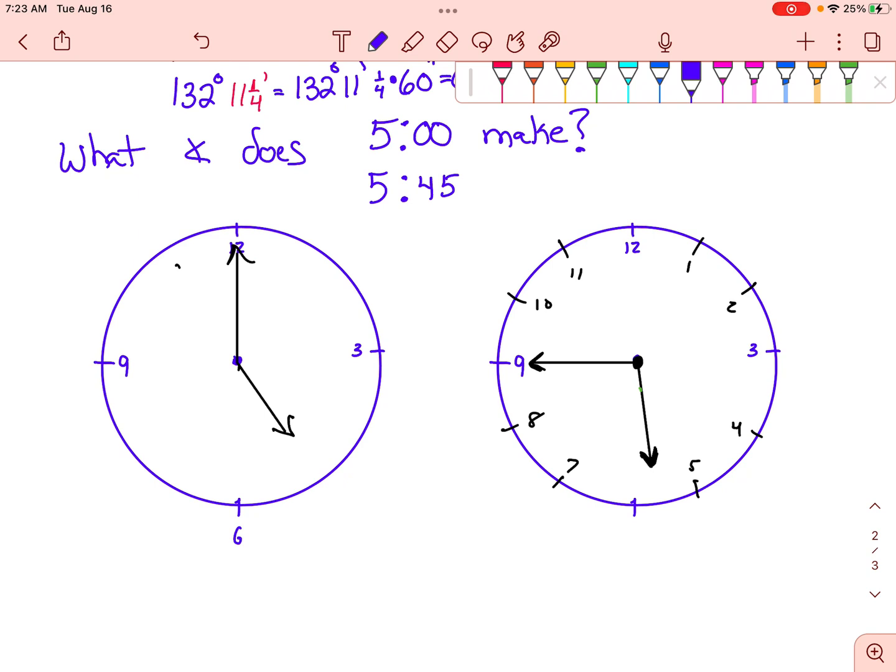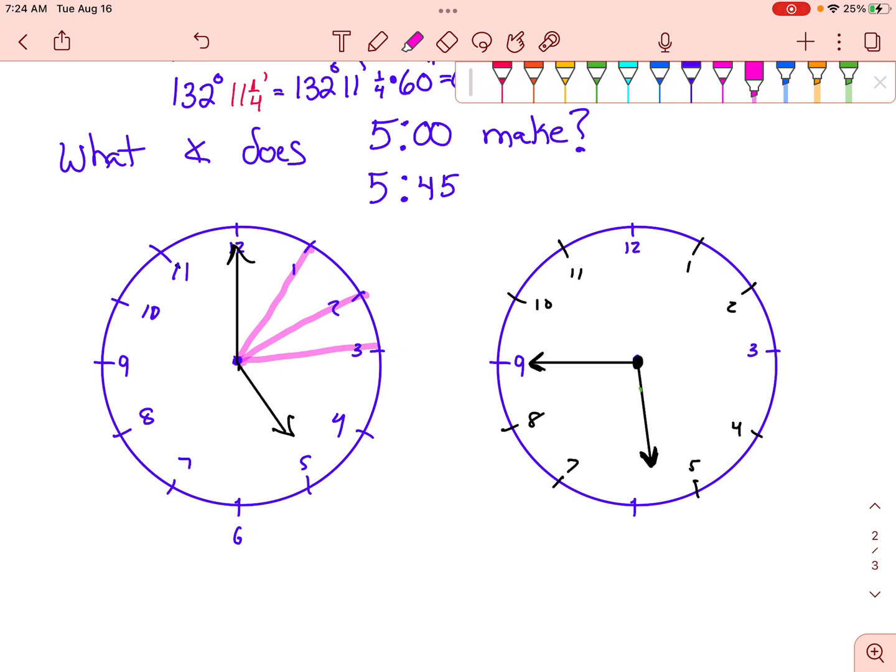So what angle does 5 o'clock make? I kind of made my clock over here. If we're talking about the angles on a clock, okay, if you take a look at this, we can split this up into slices.